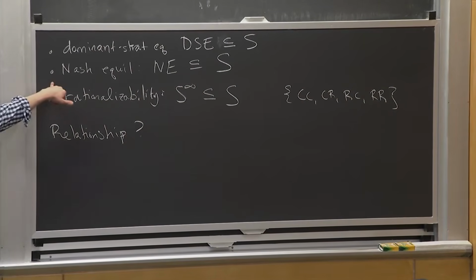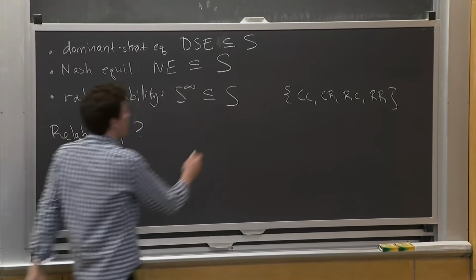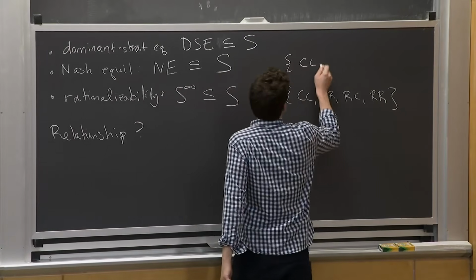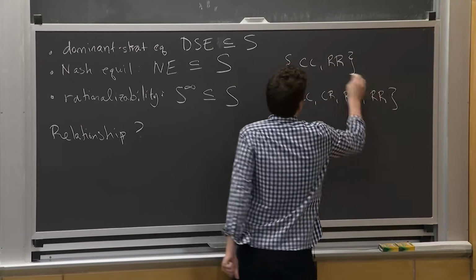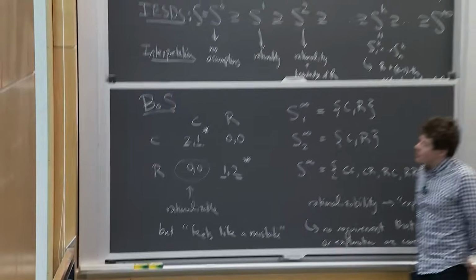The set of Nash equilibria in this game is just two strategy profiles, CC and RR. What about the set of dominant strategy equilibria? Which profiles were dominant strategy equilibria in this game?